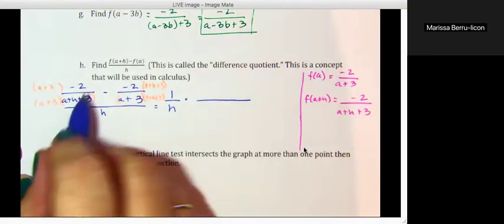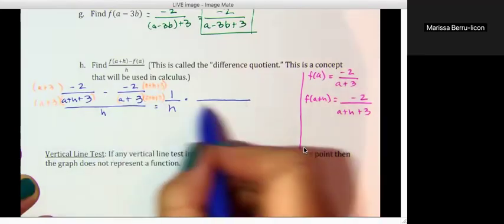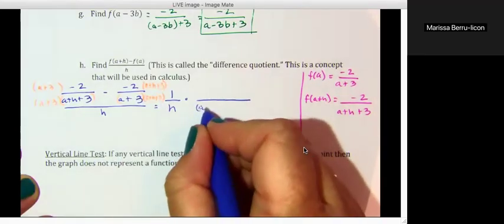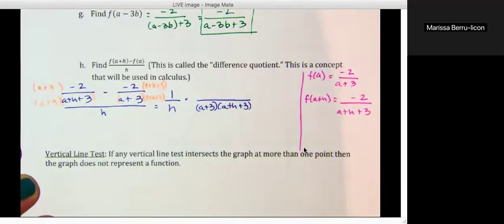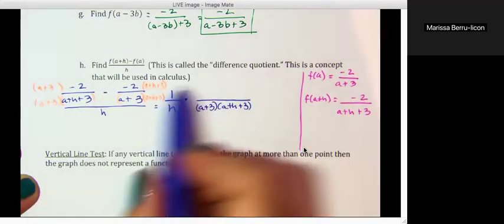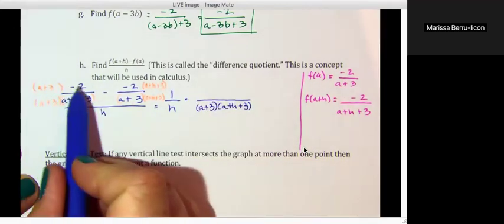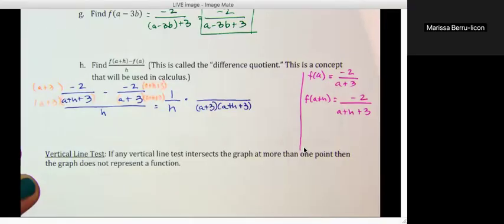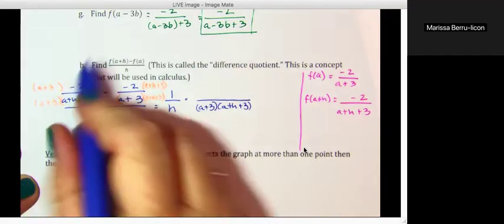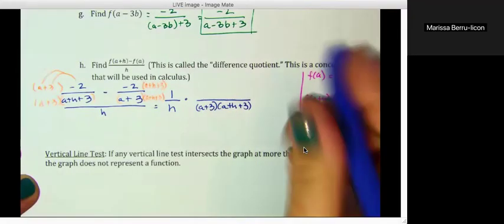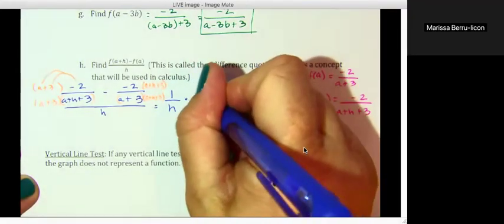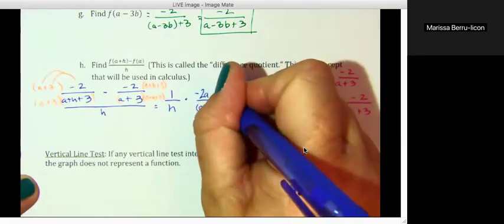So my common denominator is going to have a plus 3 times a plus h plus 3. And I don't need to multiply that out. In fact, it'll be better if we just leave it in factored form. And then on top, I will have my negative 2 times a plus 3. If I distribute that onto both of these terms, I end up with negative 2a minus 6.